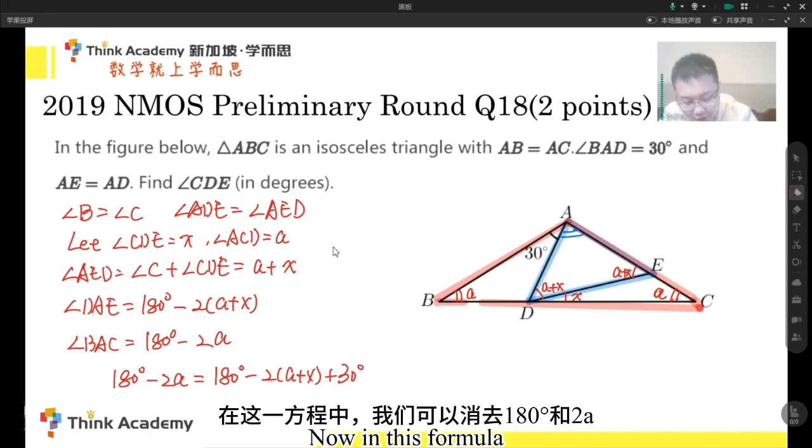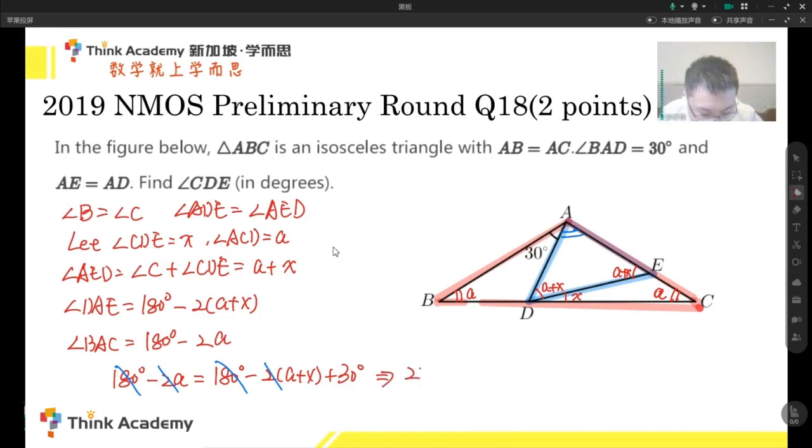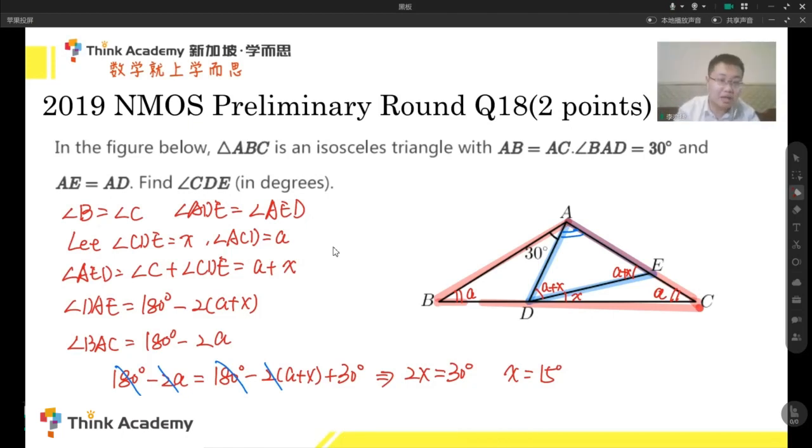Now, in this formula, we can cancel the 180 and the minus 2A's, which becomes 2 times x equals 30 degrees, where x should be 15 degrees. Now the question is solved.